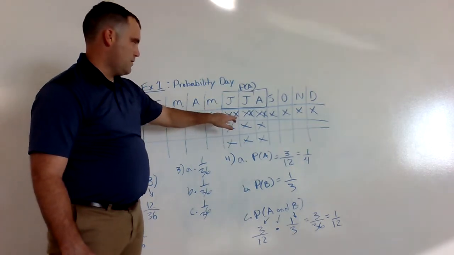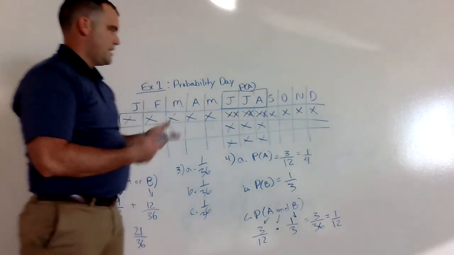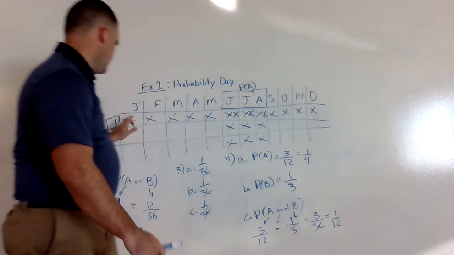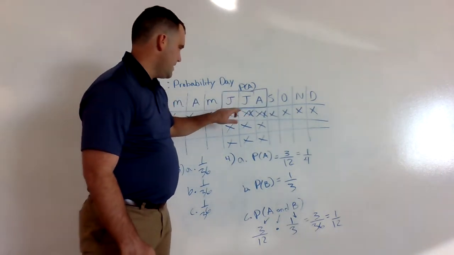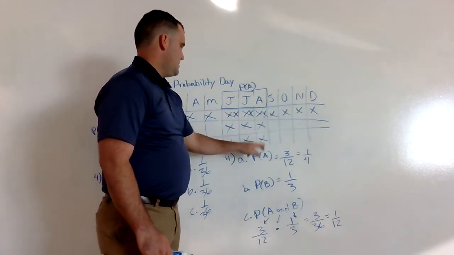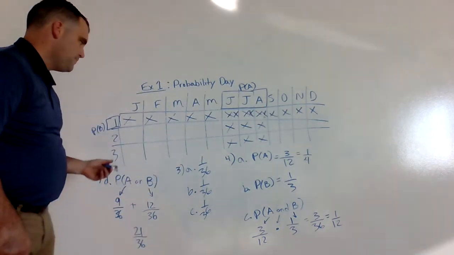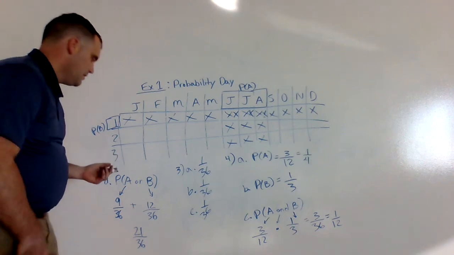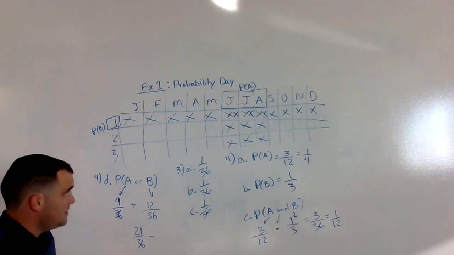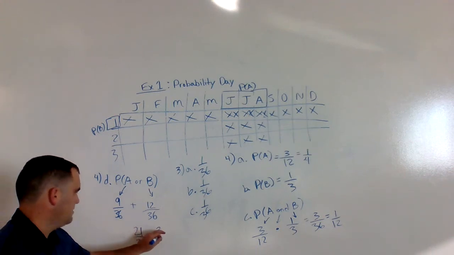We can't count the same day twice. So if you count all of these up, there's actually 1, 2, 3, 4, 5, 6, 7, 8, 9, 10, 11, 12, 13, 14, 15, 16, 17, 18 out of 36. So what we did here is we are going to subtract the 3 days that we counted twice.